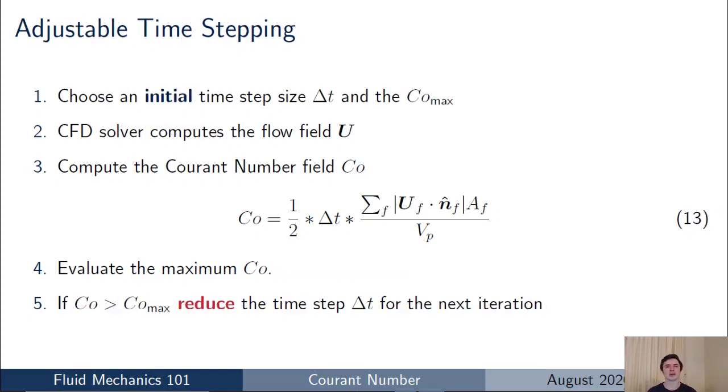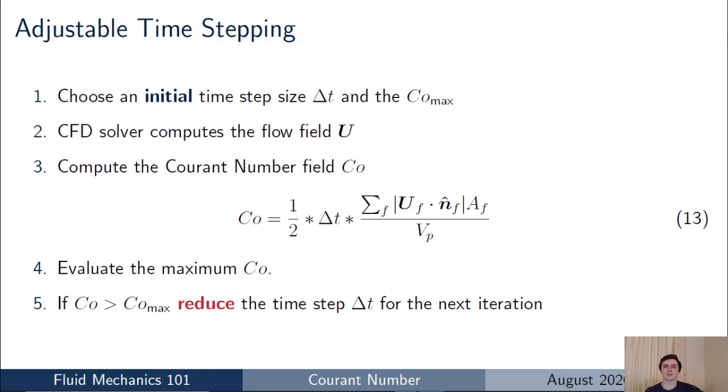So what would happen if we enabled an adjustable time stepping simulation? What we would do is we would set an initial guess for the time step. So when loading up your CFD code, you might say, I'd like the initial time step to be 0.2 seconds. And then you also tell the CFD code the limit for the maximum current number that you want to achieve.